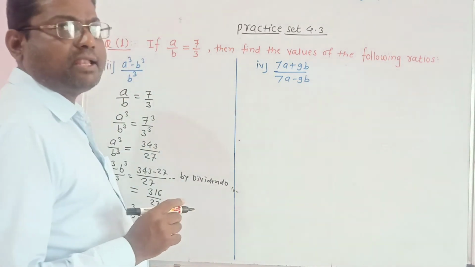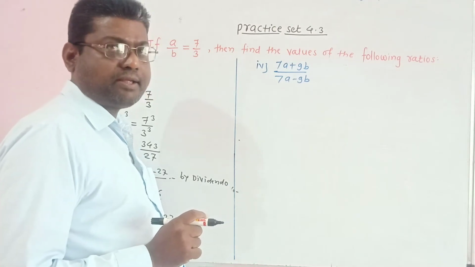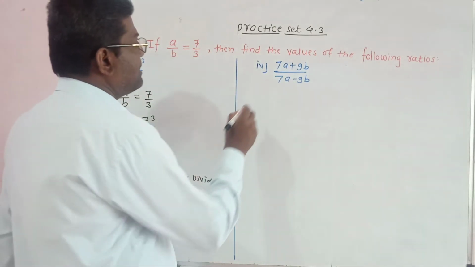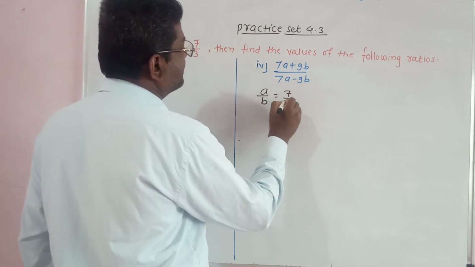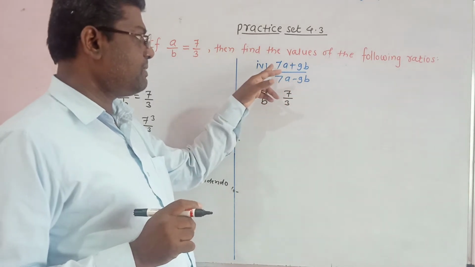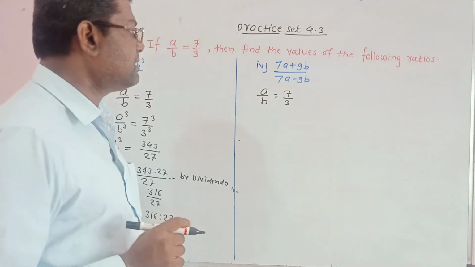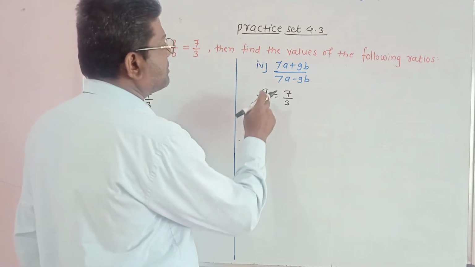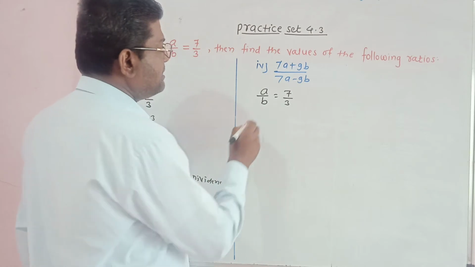Now example number 4. 7a plus 9b upon 7a minus 9b. Here also a upon b is equal to 7 upon 3. But in the example, coefficient of a is 7 and coefficient of b is 9. Therefore, we have to multiply a by 7 and b by 9.